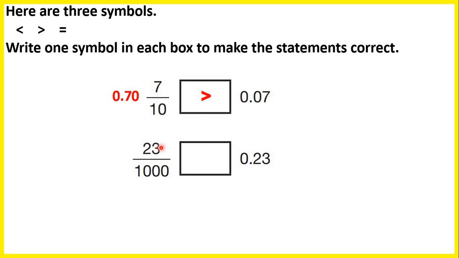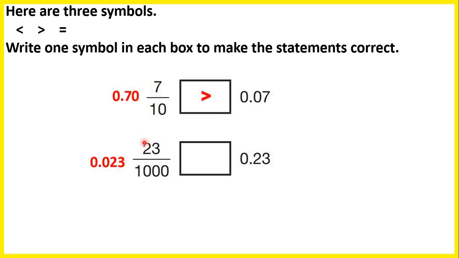Now we have 23 thousandths, so we can write that as 0.023, because remember, after the decimal point, we have our tenths, then our hundredths, and then our thousandths, and the denominator of 1,000 tells us that we need 3 digits after the decimal point, because we need to go all the way over to the thousandths digit, or the thousandths place.